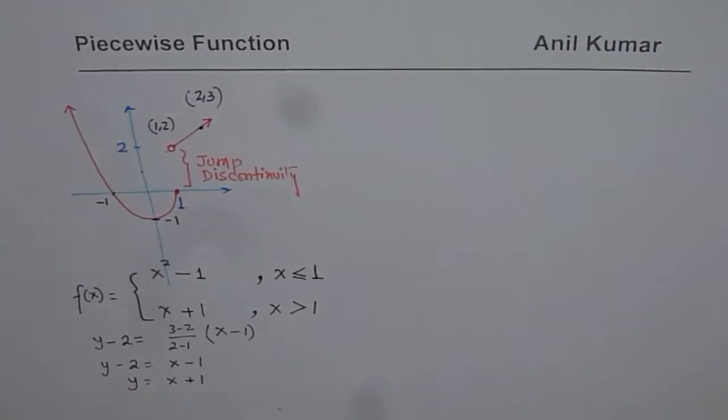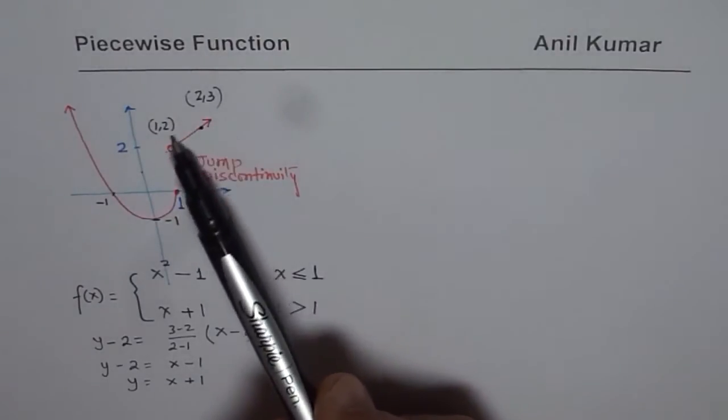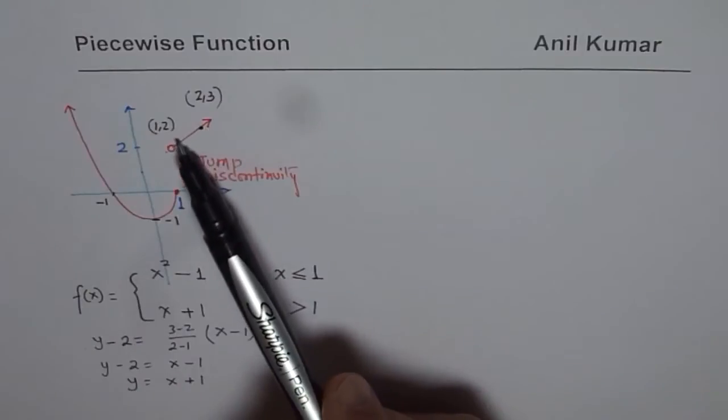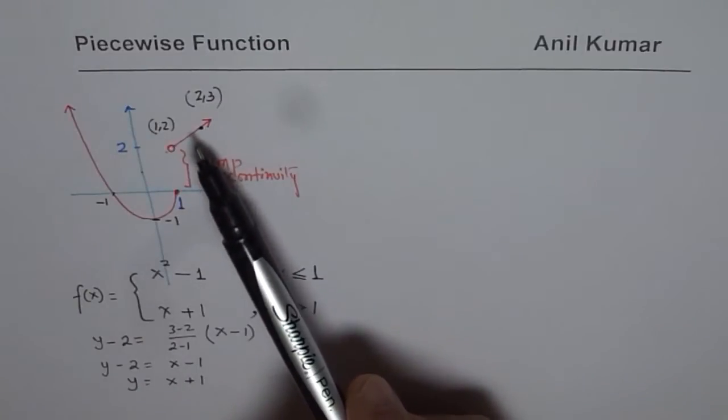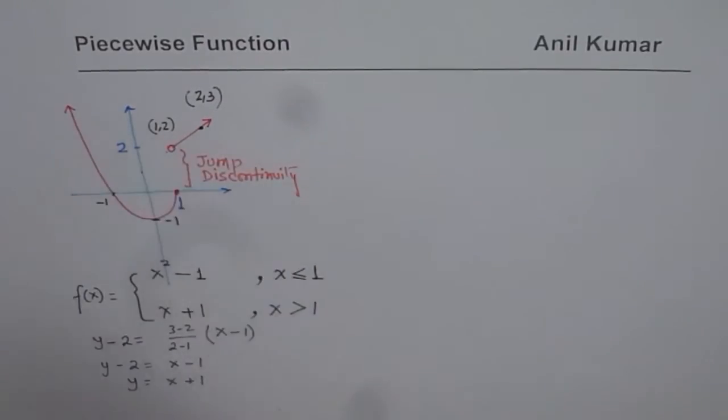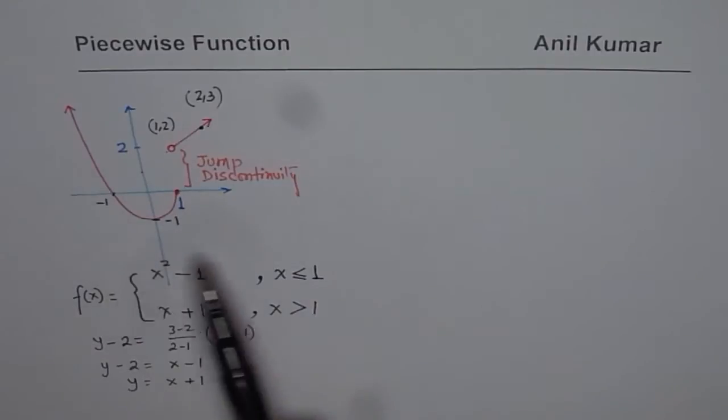Well, there are different techniques of finding equations of a function. You could use the two points and find the equation of the line, starting with slope-intercept form also. Anyway, what I'm trying to say here is that in the function which we have considered, we have two different pieces, and these two pieces form one function.